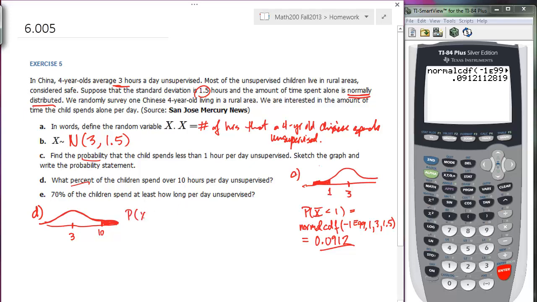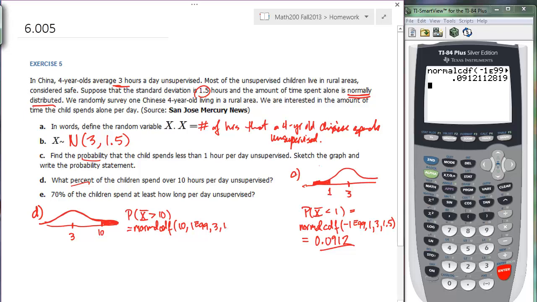Notation is very similar, and the calculator command is also very similar, which is normal CDF. This time the low is a 10 and the high goes to positive infinity.